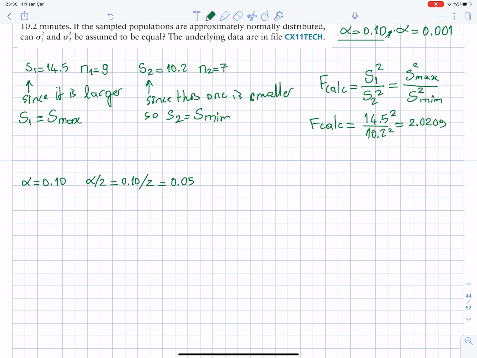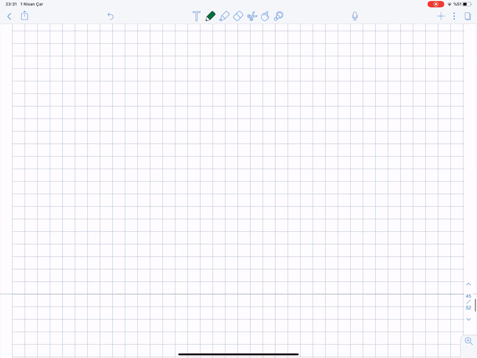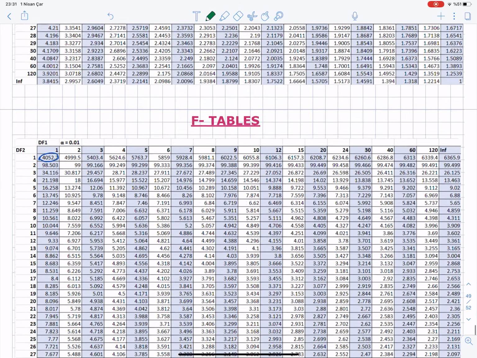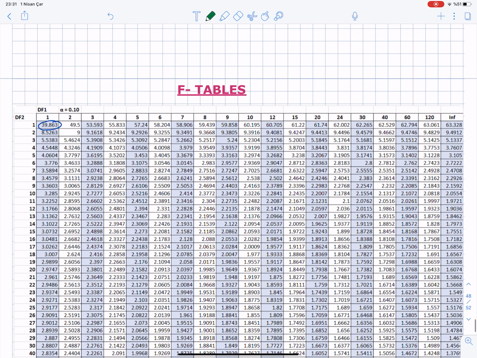Then the F critical will be equal to F with 9 minus 1, 7 minus 1 degrees of freedom and alpha 0.05. This is from the table. If I go to the table I prepared for you, this is the first table. I skipped this table, I don't need that.